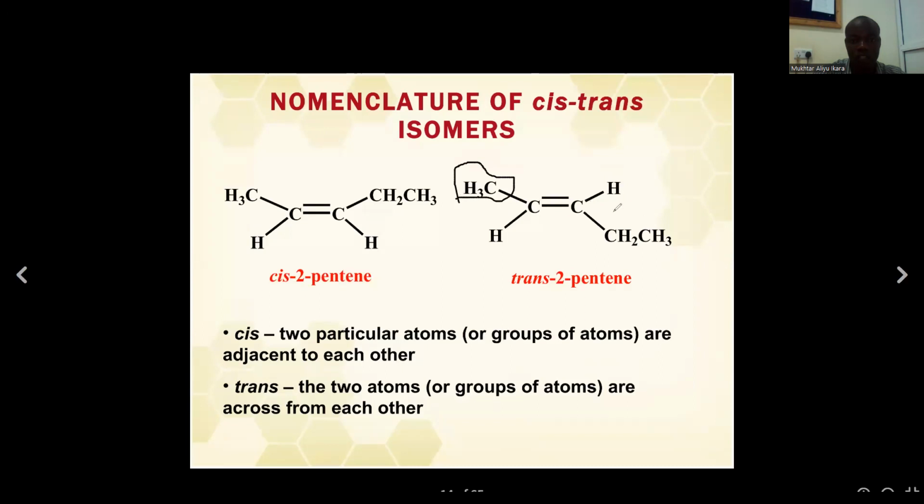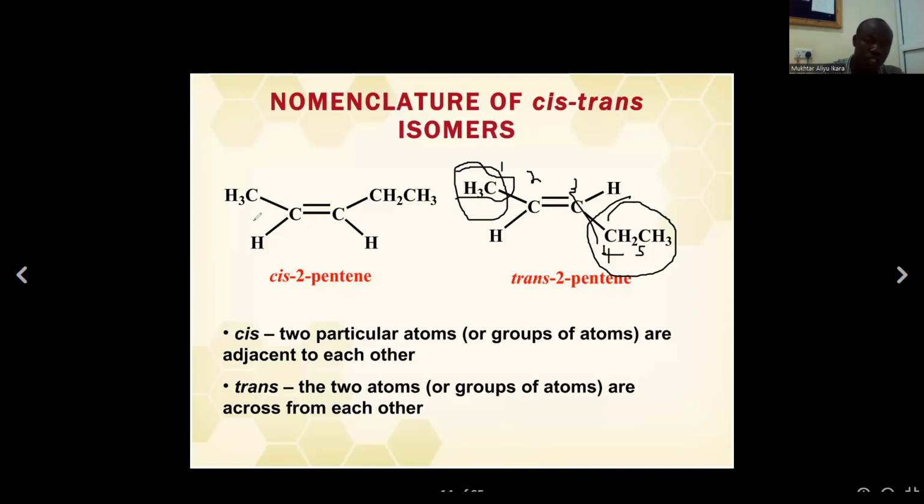That is why it is called trans-2-pentene. If you number the carbons, we have 1, 2 here, 3, then 4 here, then 5. So that is why it is trans-2-pentene, because it is transverse.